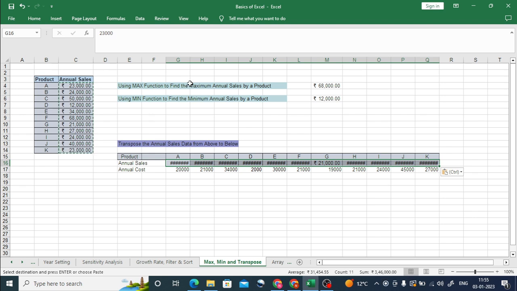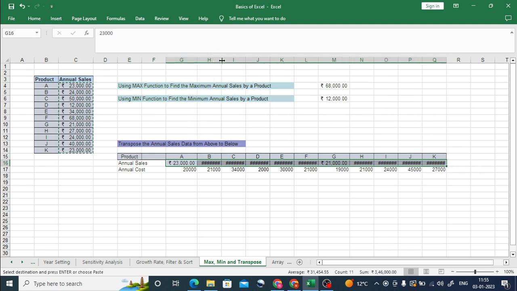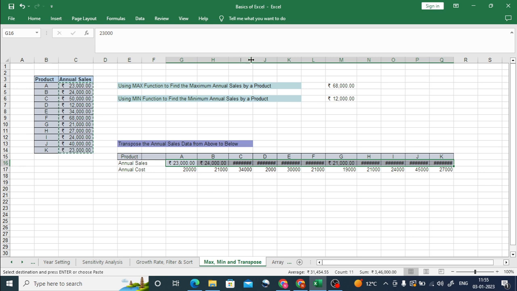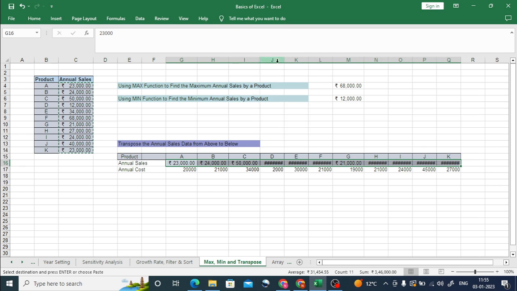Hit on it, and then you can see that all the data has been transposed, right? You can see over here C, the annual sales of product C was 50,000. Over here it is also 50,000. So it has been transposed.